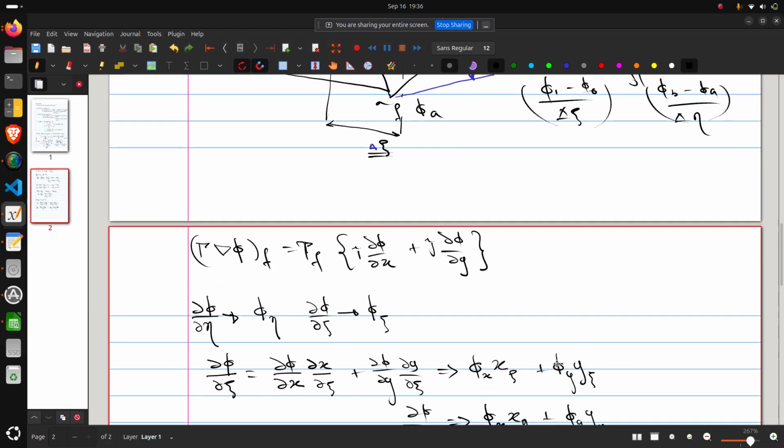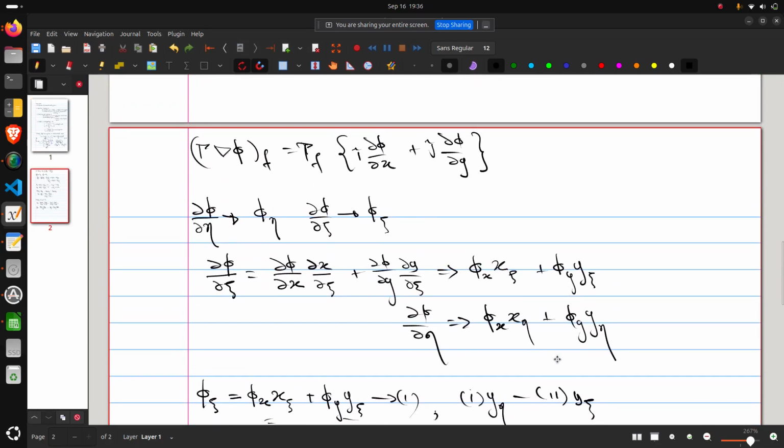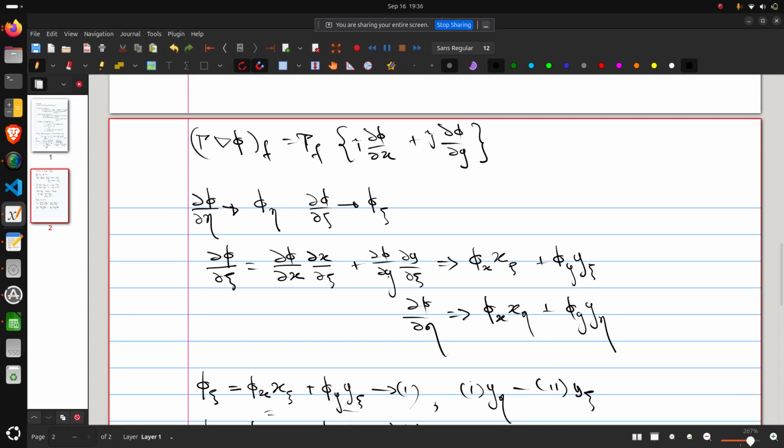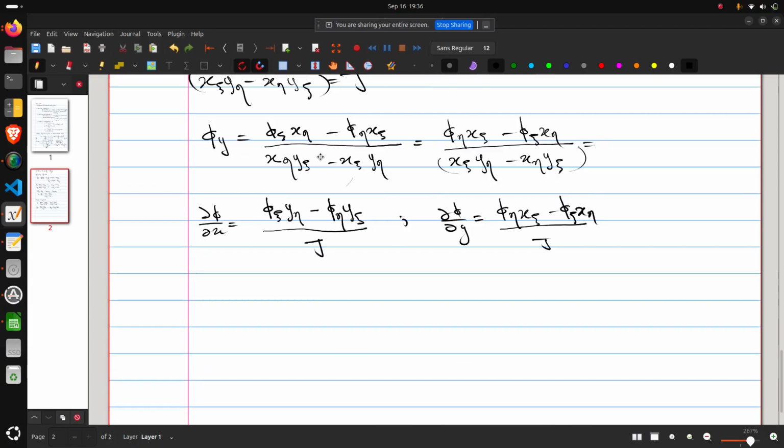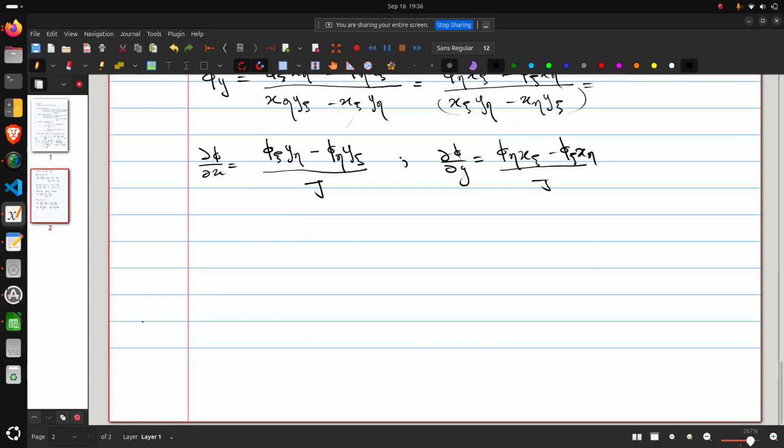Okay, now that we have done these manipulations and we have these values, what are we finally left with?